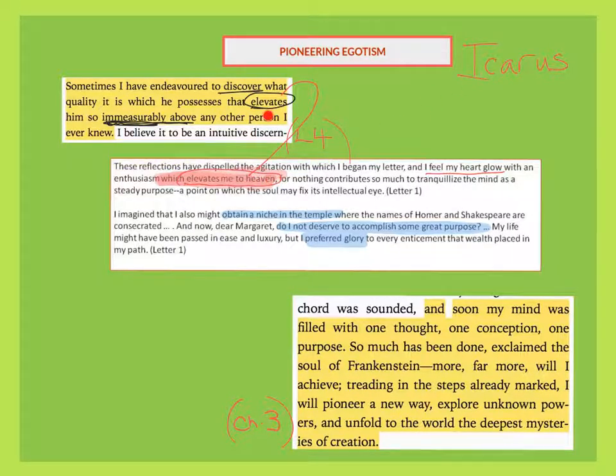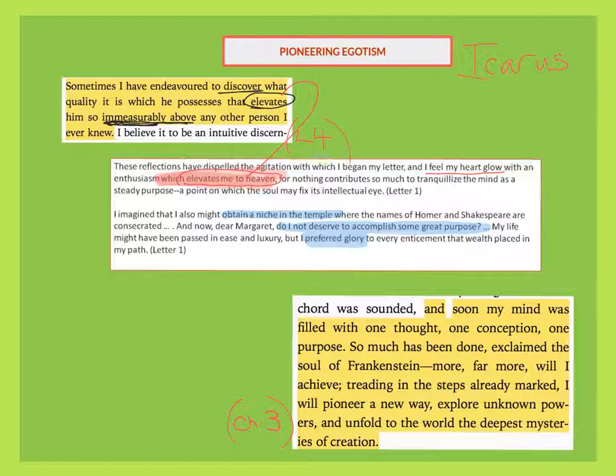Okay, so keep an idea on that imagery of rising or daring to rise to a godly or higher level, and that kind of precipitates or brings about the fall. The close analysis of those two paragraphs from letter 1 brought in the idea of ego and vanity, okay?